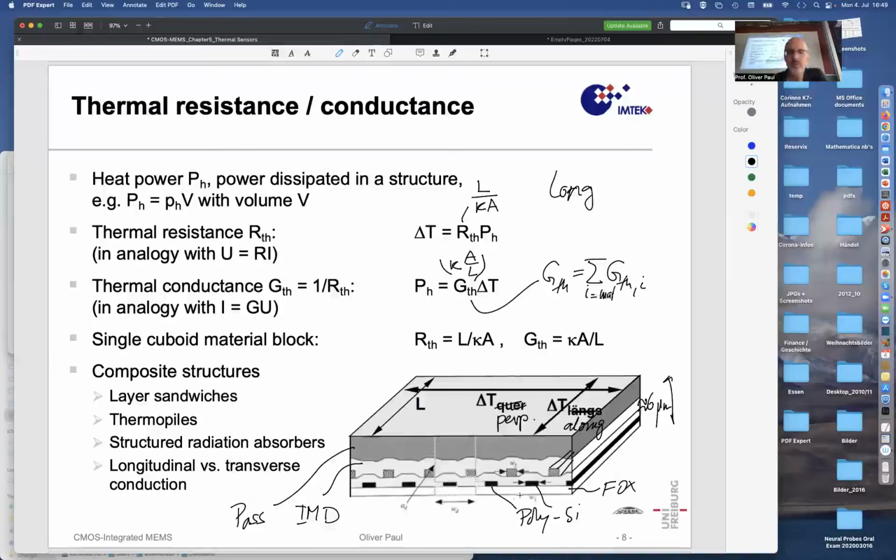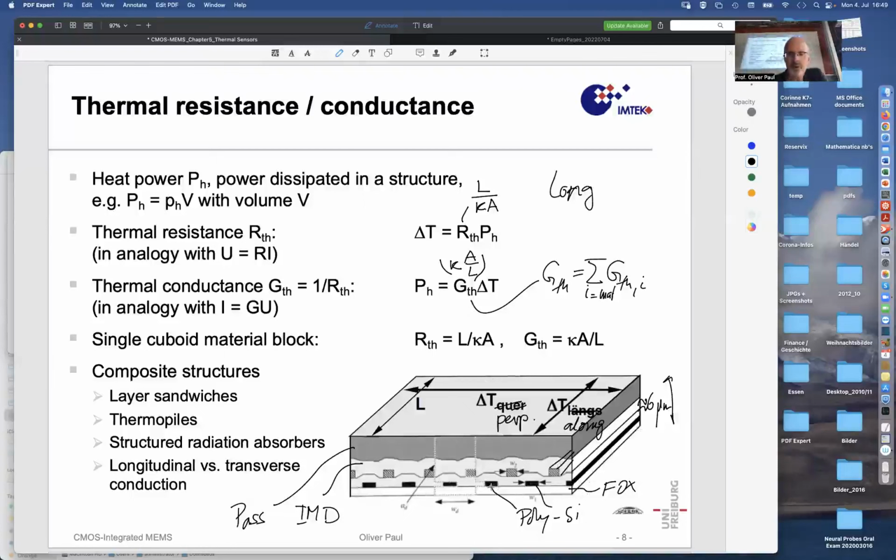So there is field oxide. The thermal conductance of the field oxide will be easy to calculate. It's going to be kappa of the thermal field oxide times the cross section of the thermal field oxide, which is this cross section here, and the length L.